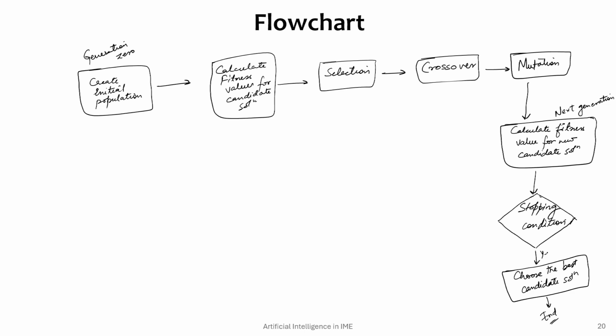Okay. But what if we have not yet reached our global optimal value? So what we can do is we can iterate again towards selection, right. So this is an iterative process.